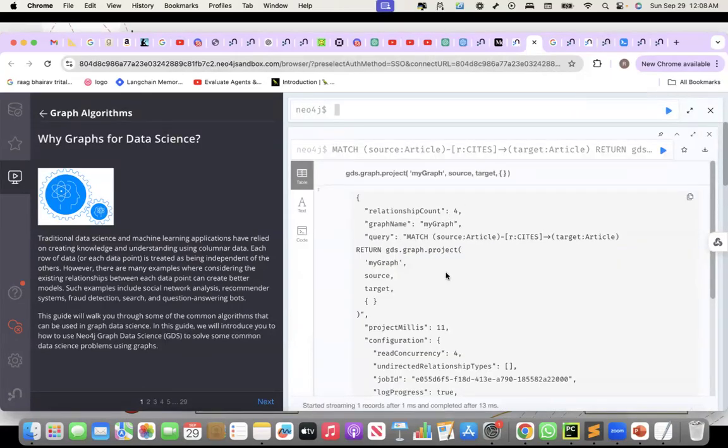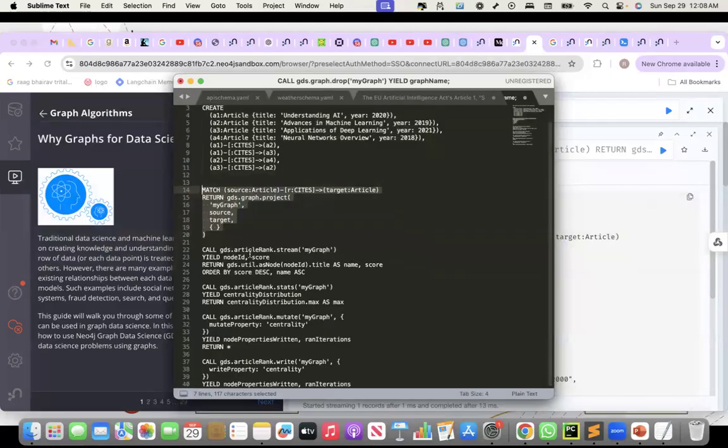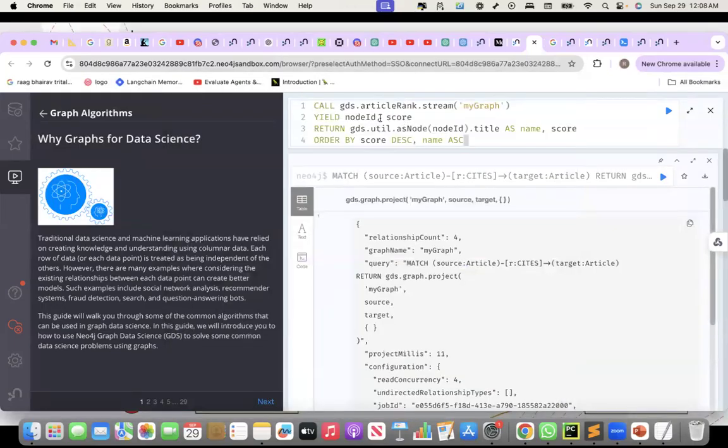Now on this one, I'll run my article rank algorithm. To run it, I'll use the stream execution mode, where I'm saying gds.articleRank.stream. I'm giving the name of the graph that I just created in memory, yielding the node ID and the score.